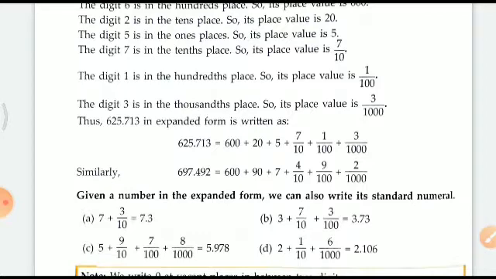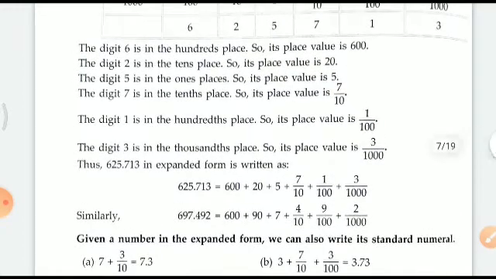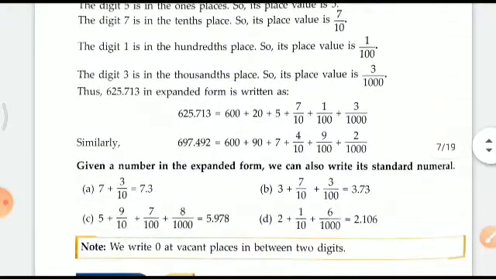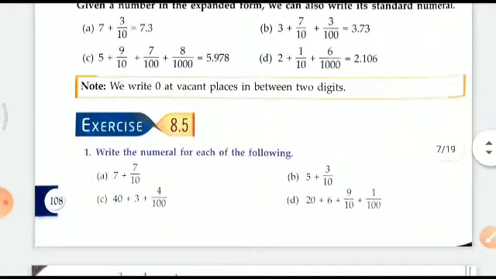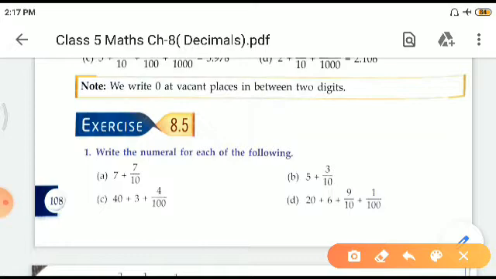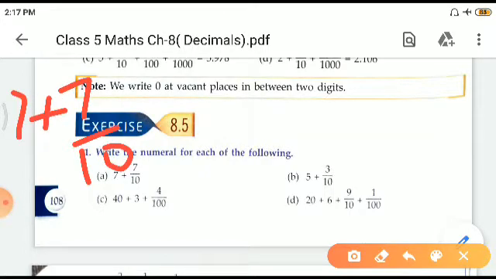Now see this one, 625.713. It is 625, right? 6 hundreds, 2 tens, 5 ones, 7 tenths, 1 hundredths, and 3 thousandths, right? Okay, like for example this one, 7 plus 7 by 10, this is 7 ones and 7 tenths.